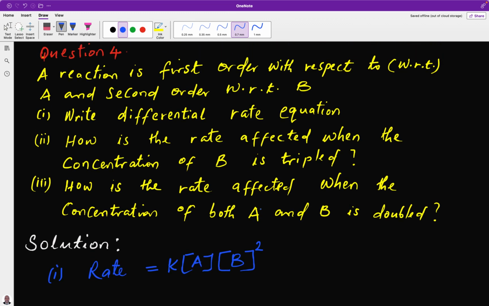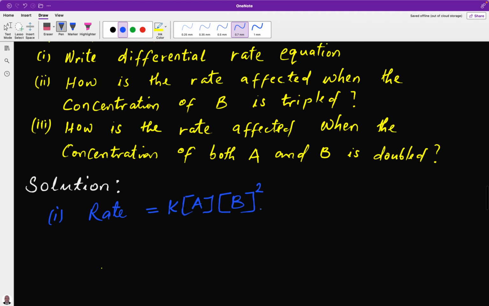Then question part 2. How is the rate affected when the concentration of B is tripled? Okay, let's solve it.